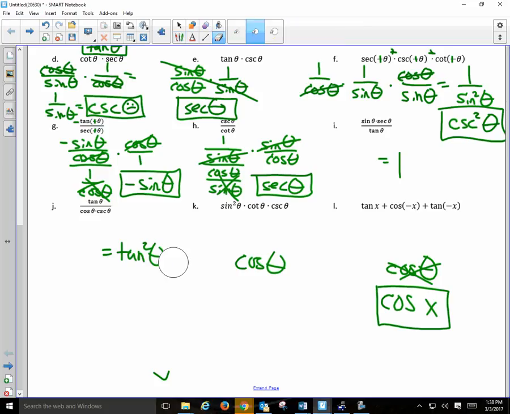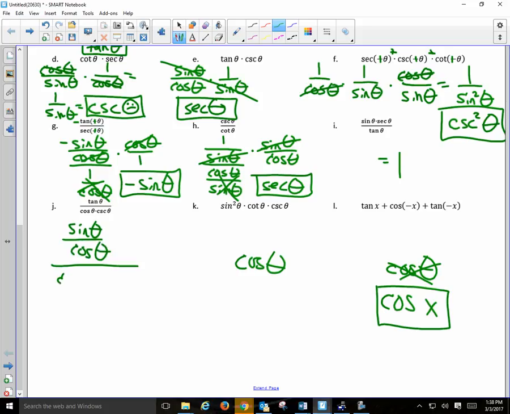J is one that most people get stuck with, and that would be sine of theta over cosine of theta. Now in the denominator, we have cosine of theta over 1 times, and then cosecant is 1 over sine of theta. So in the denominator right now, I have cosine over sine. So I multiply by the reciprocal. Sine is in the numerator.